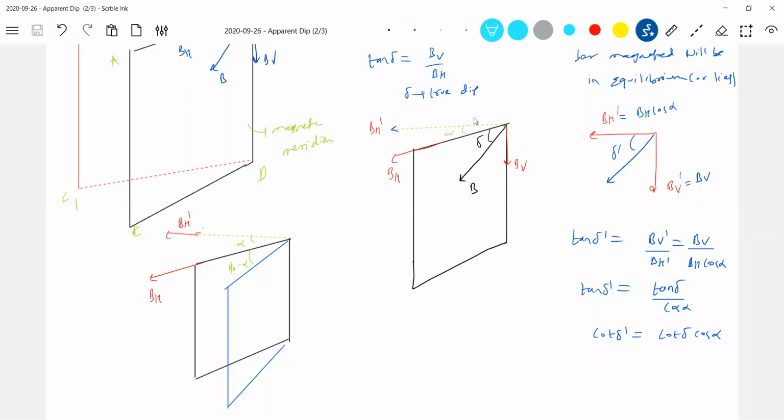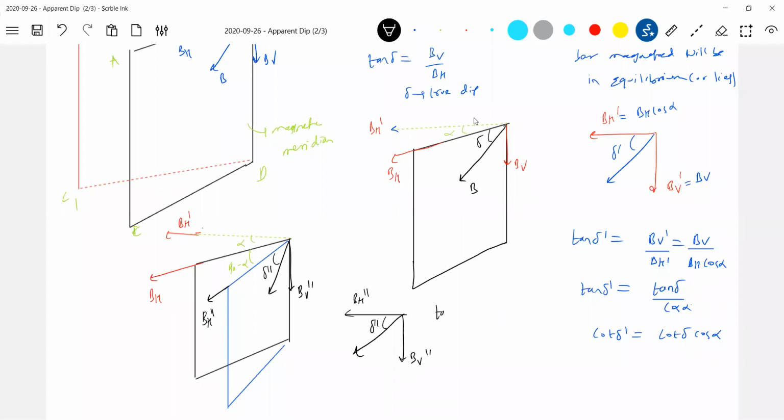Now tell me how much this value should be. I'll indicate it by black color only. How much is this value? Anybody? This should be equal to BH sine alpha, or BH cos of 90 minus alpha. This is BH double dash. I'll call it that, and this will now be delta double dash, BV double dash. Okay, now again make a triangle: BH double dash, BV double dash, and this is the apparent dip.